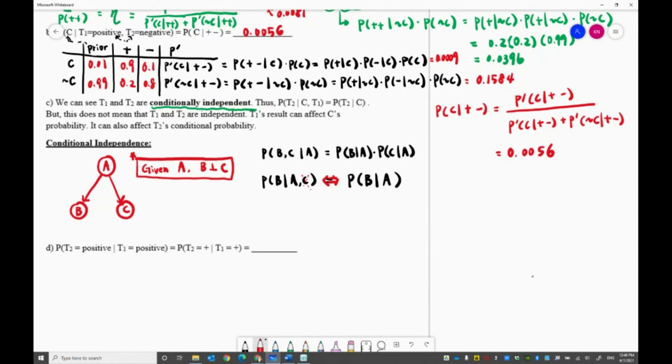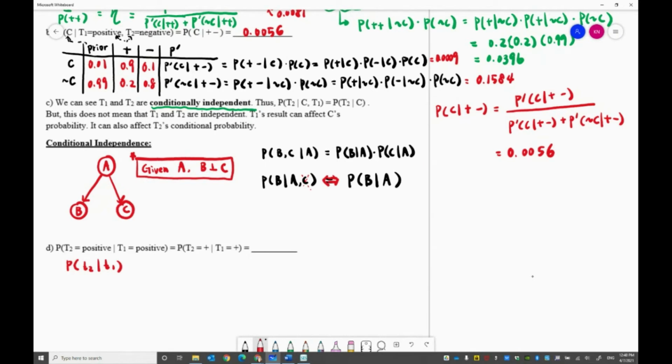But the next problem is asking, what is the probability that tester 2 is positive given tester 1. When I do not use the tilde (not), that means it's positive. I need a cause, actually the parent node.